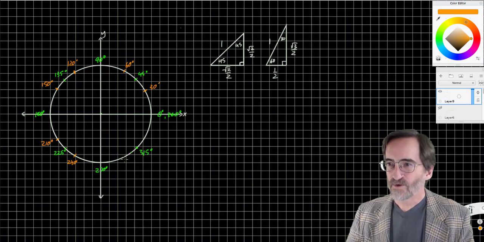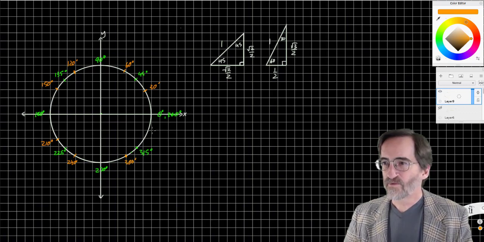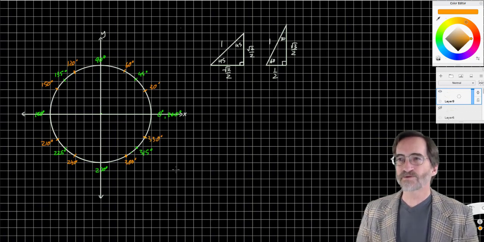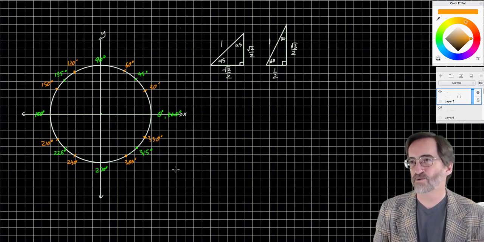And so we need to go right about here. So that's 270 and 30 is 300. 330. Okay, and those are your common reference angles for the unit circle in degrees.